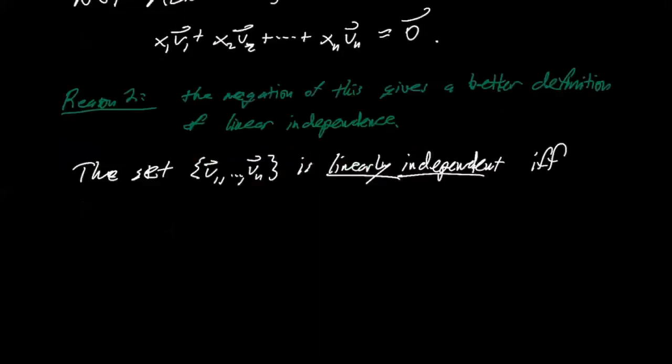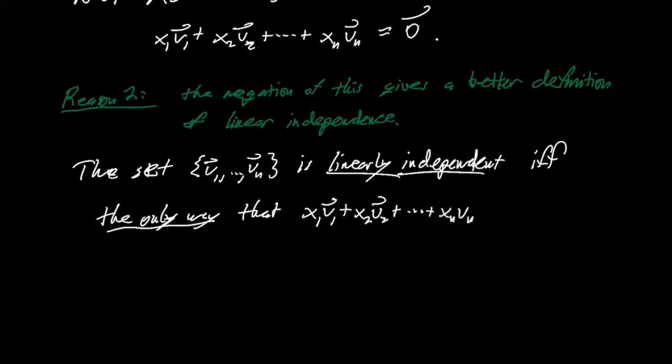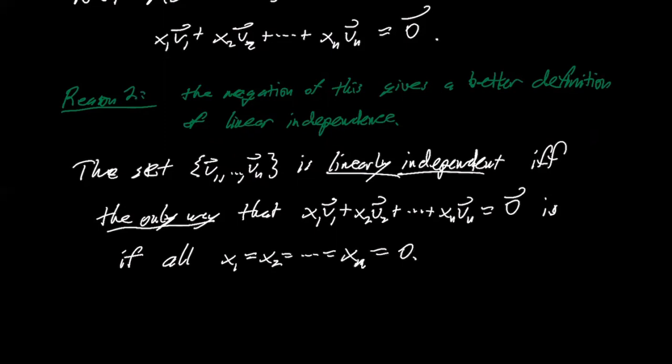So if and only if the only way that x1 v1 plus x2 v2 plus ... plus xn vn equals 0 is if all x1, x2, and so on are all equal to 0 themselves. So basically, the only linear combination of the v's that gives you the 0 vector is the trivial linear combination.